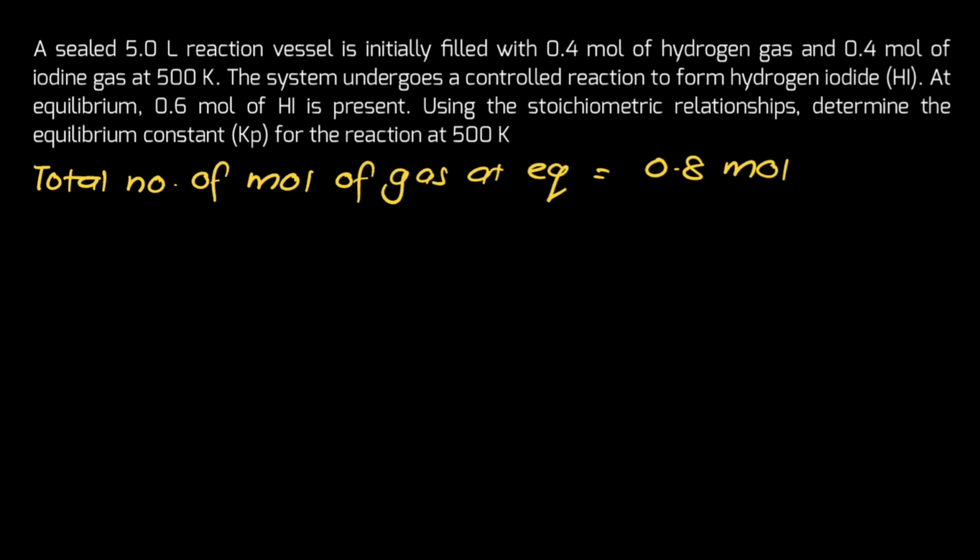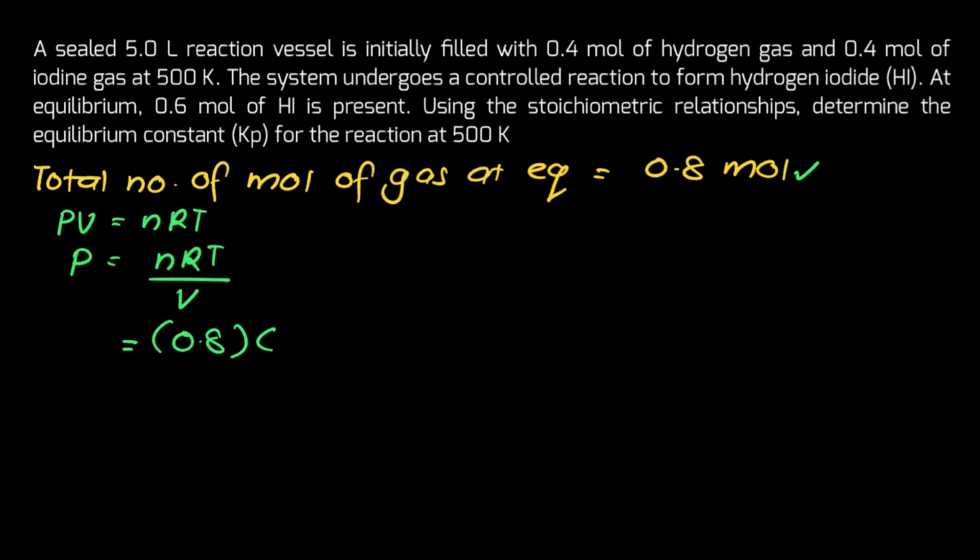From the calculation just now, we already know that the total number of mole of gas at equilibrium is 0.8 mole. Now we are going to use the ideal gas law to find the total pressure. The ideal gas law, PV equals nRT, and we want to find the pressure, so we are going to use nRT divided by V. The n is 0.8, R is the gas constant, 0.0821, in liter atmosphere per mole Kelvin.